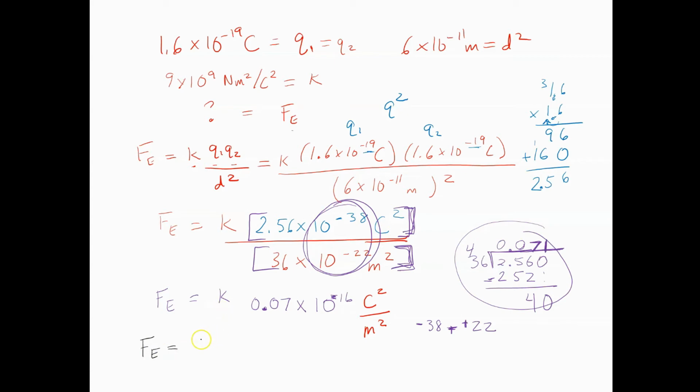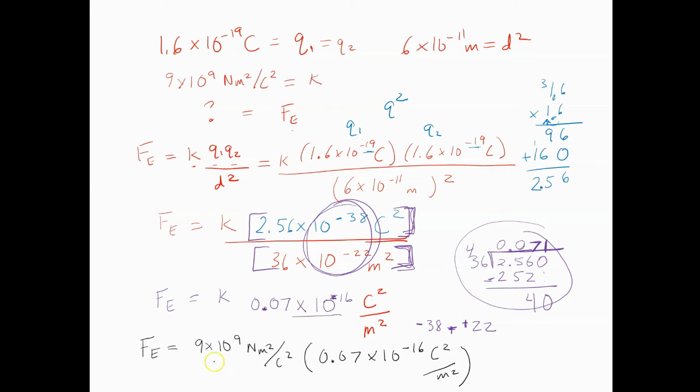Now I'm actually writing what the value is. 9 times 10 to the 9th Newton meters squared per Coulomb squared, multiplied by this, 0.07 times 10 to the minus 16 Coulomb squared per meters squared.